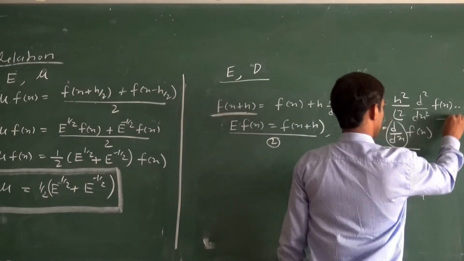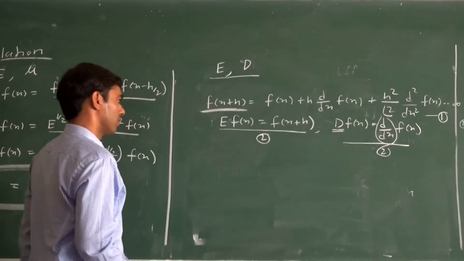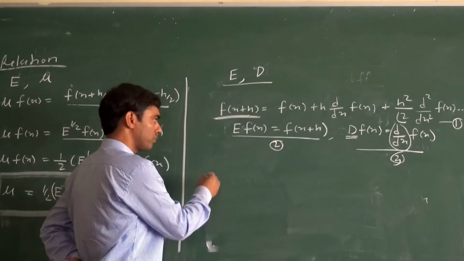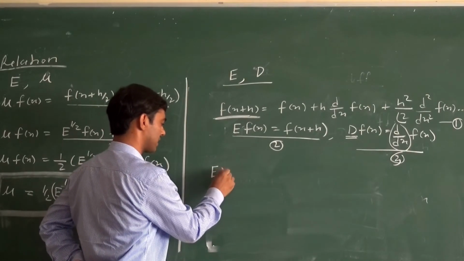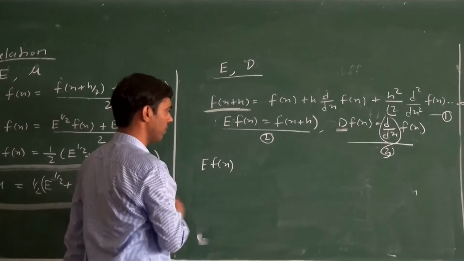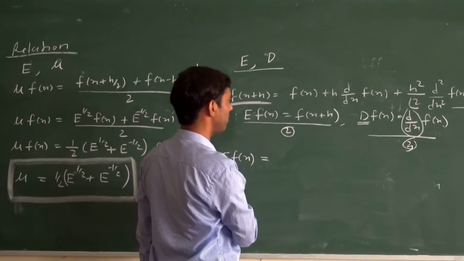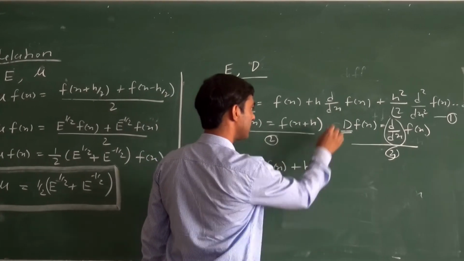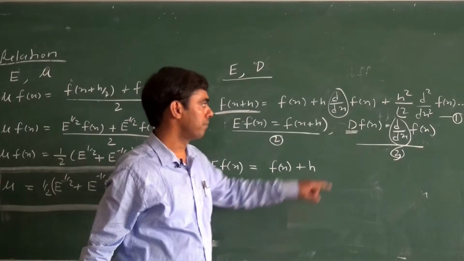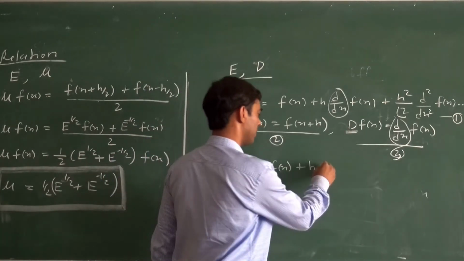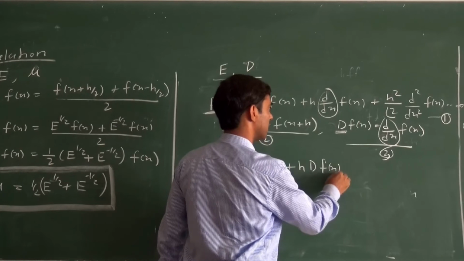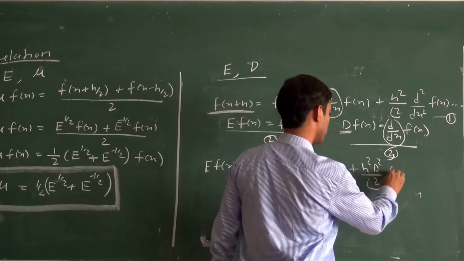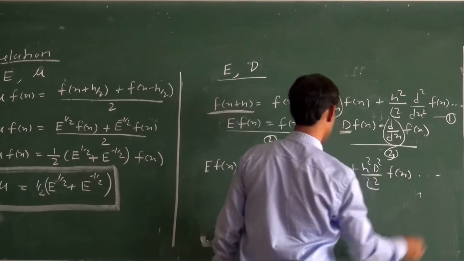Now the Taylor series becomes, with the help of the second and third, the first one becomes E of f(x) equals f(x) plus h times D of f(x), similarly h square D square upon factorial 2 of f(x), and so on.